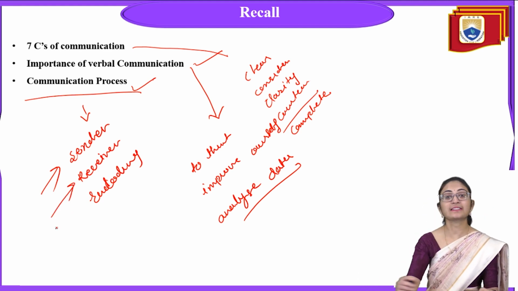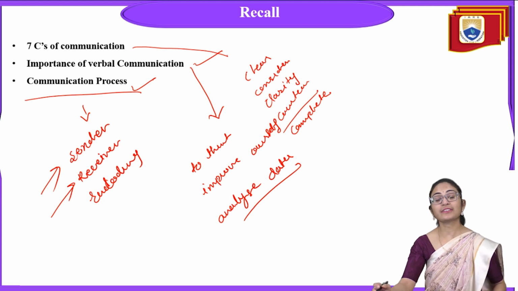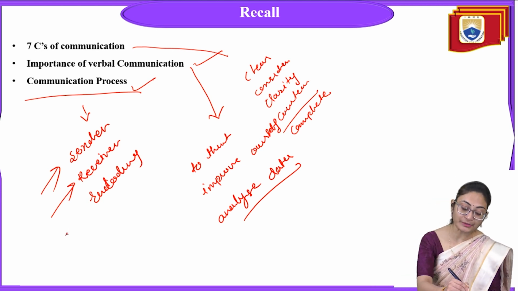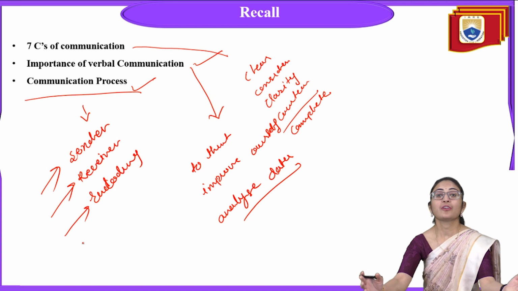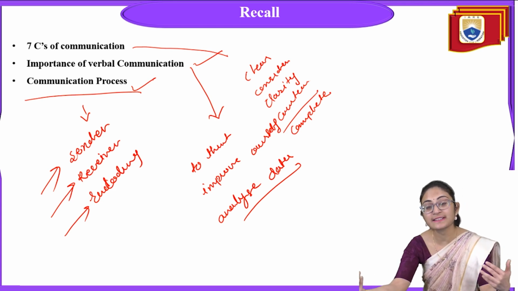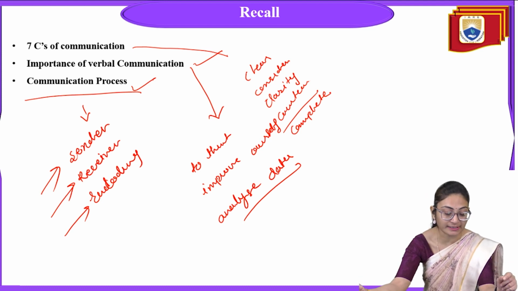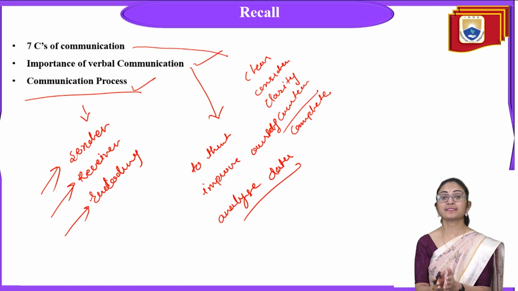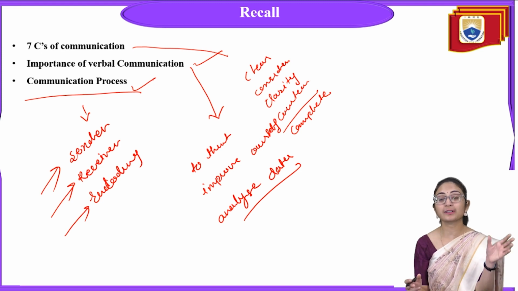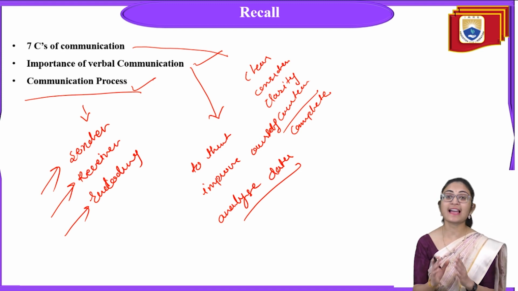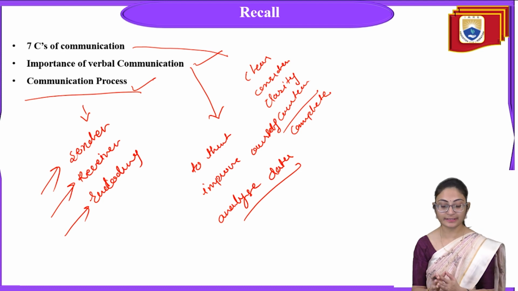Then the receiver will receive the message, whatever the sender has sent. Then encoding means whatever the sender sends, the data will be converted into some code. That means a third person should not access your data, and the receiver can receive the correct data which has already been sent by the sender.